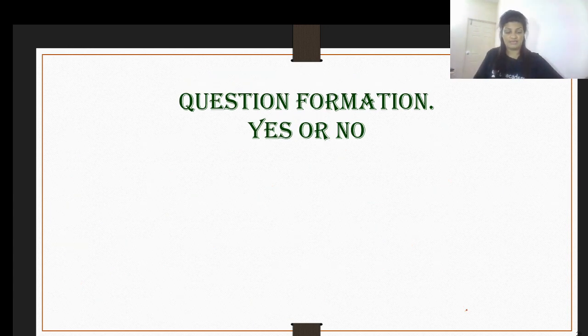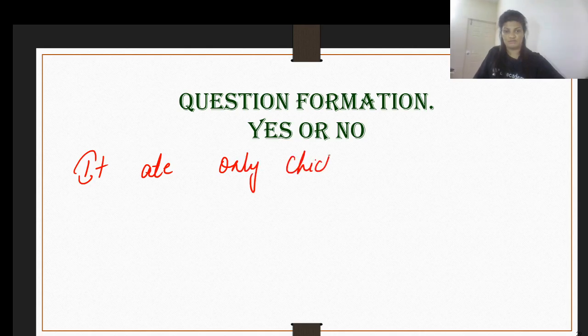With the third example that I gave you earlier, which was it ate only chicken and nothing. It ate only chicken and nothing. Now this needs to be converted into a yes or no question.